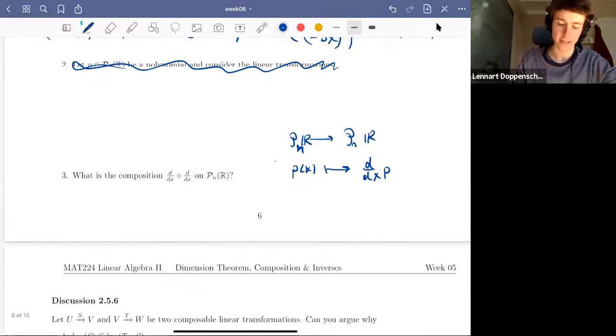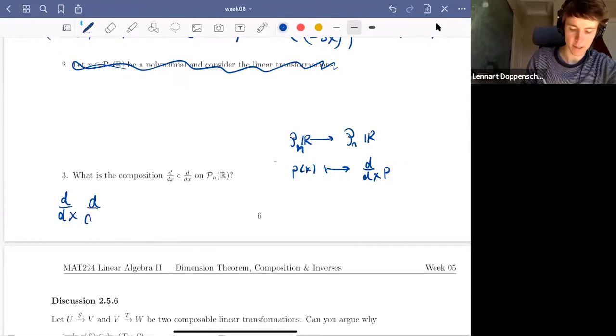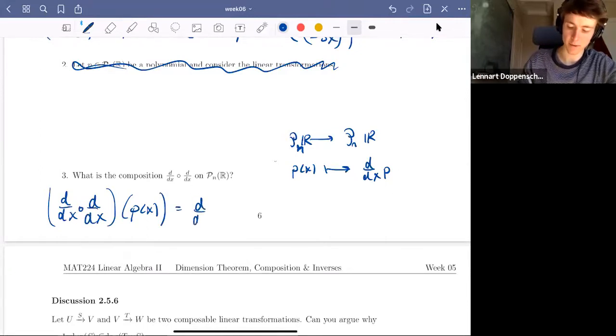And if we apply this again, if we do d by dx of p of x, then we have d by dx of dp by dx of x.